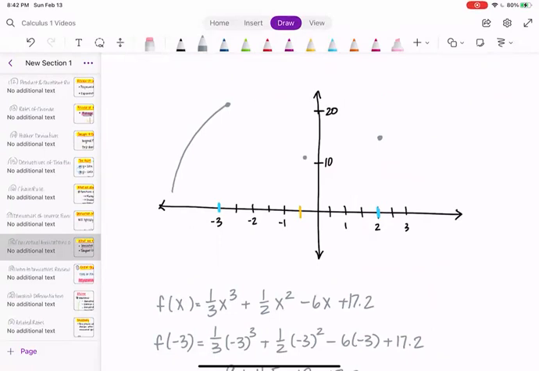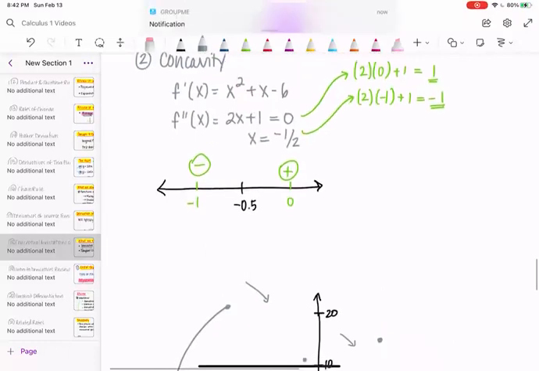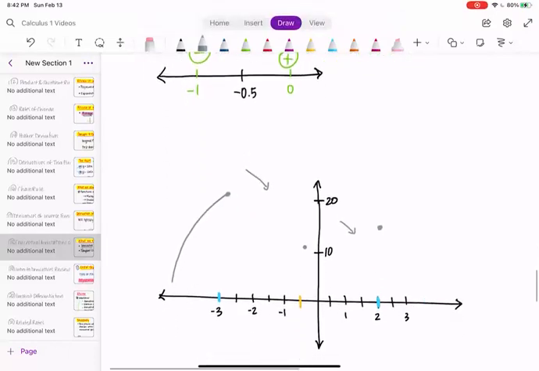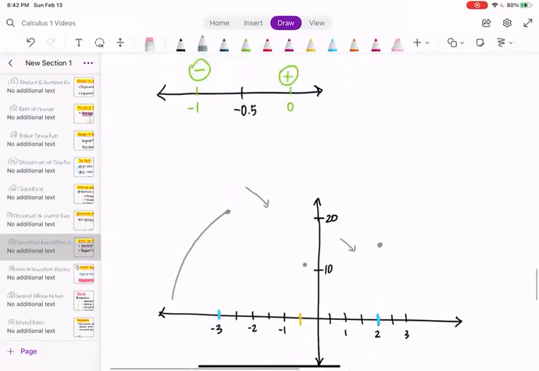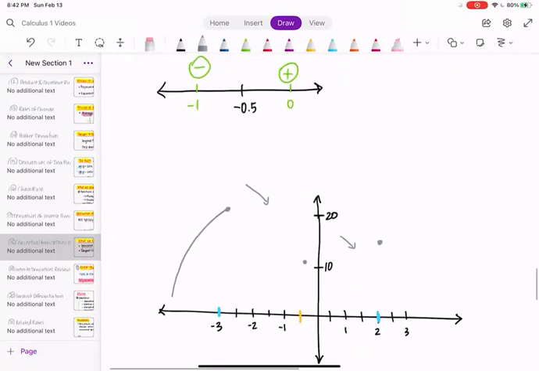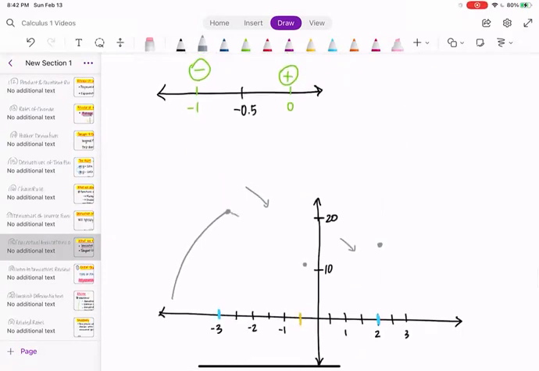It has to be decreasing. So generally from here all the way to here, it has to be decreasing. But I know that for everything left of this 0.5, it has to be concave down, right? So even though this is increasing, this still has to be concave down to that point there.